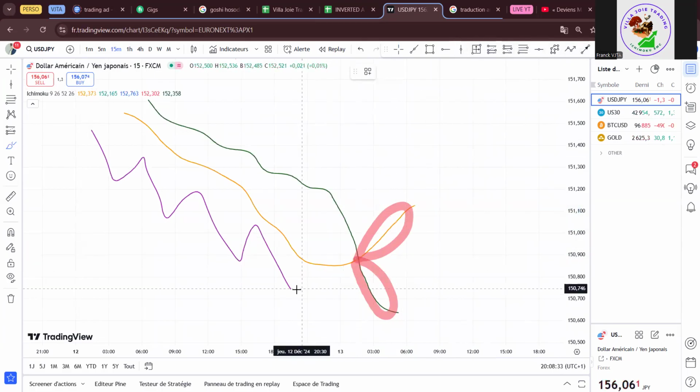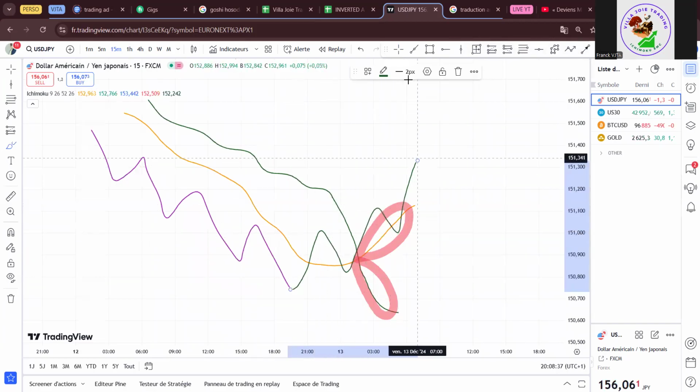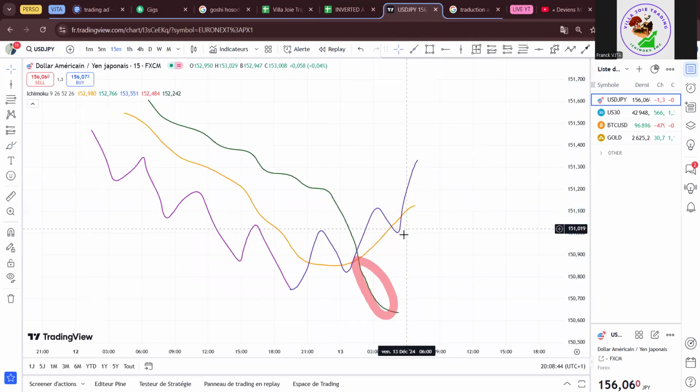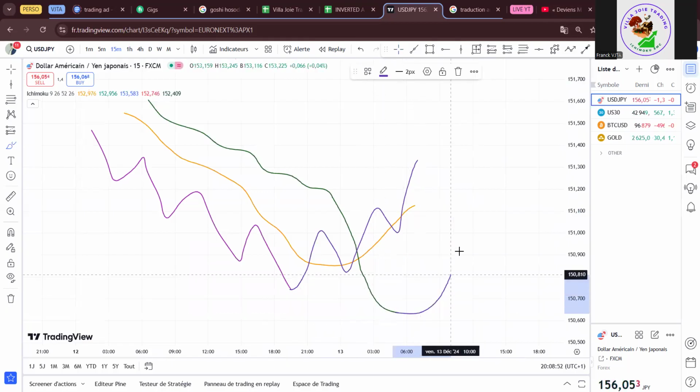The price is still going up. Why so? Because this phenomenon is called a curve: the phenomenon when Kijun goes to the downside like this, turns and then goes up.